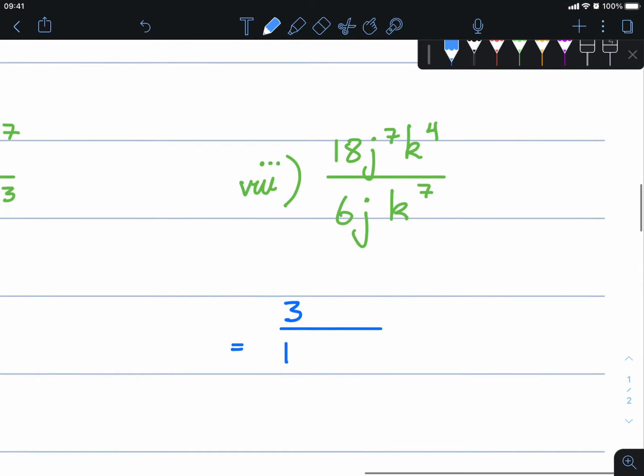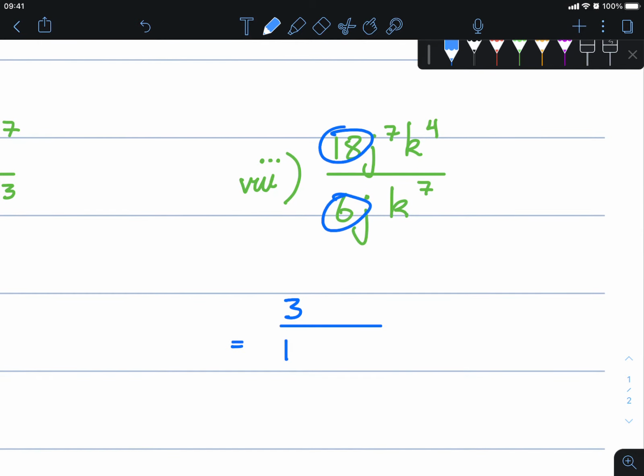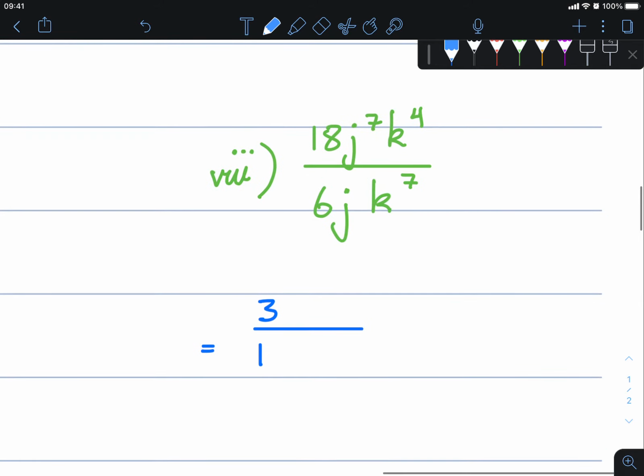So we still have the fraction, it's just that I simplified 18 and 6. j to the power of 7 divided by j, that is 7, take away the 1 that isn't written. So 7 take away 1 is j to the power of 6.